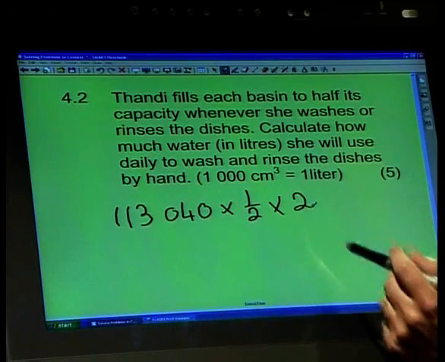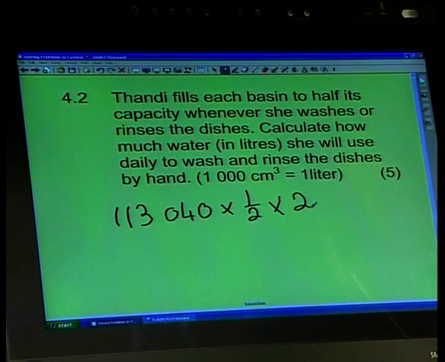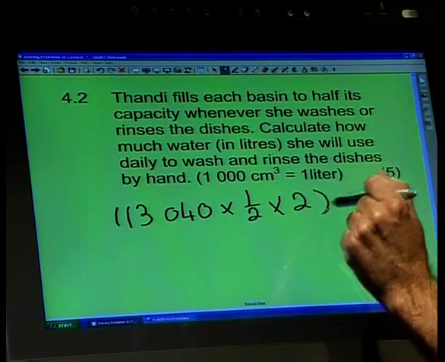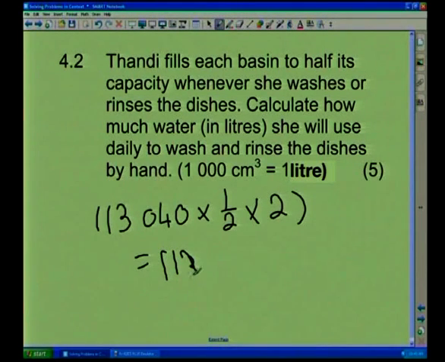So it's safer to put it in to show the examiner that you've actually thought about what the question is asking of you. So we've got the 113,000, we multiply it by half and by 2, which means we cancel out, which means we're still at 113,000. And that again is in cubic centimeters.